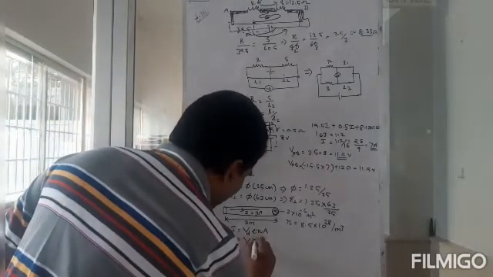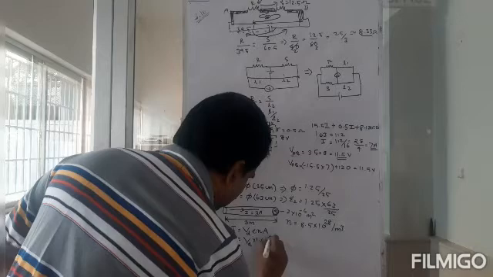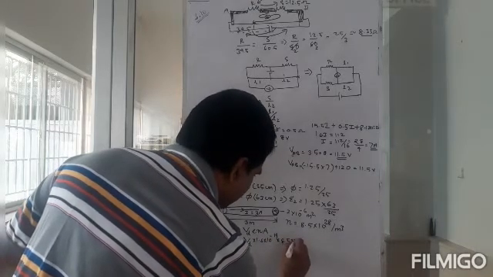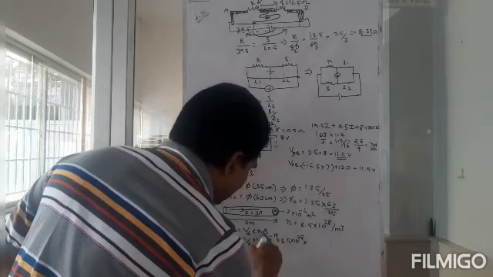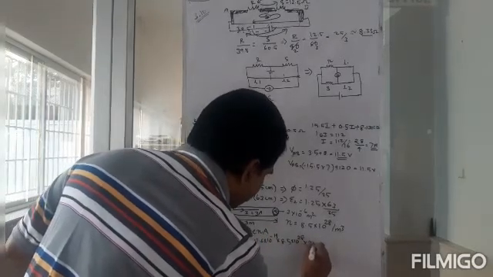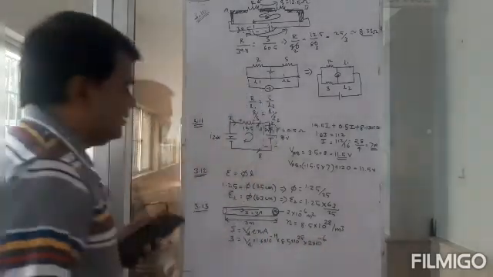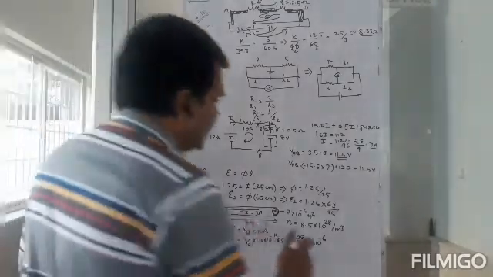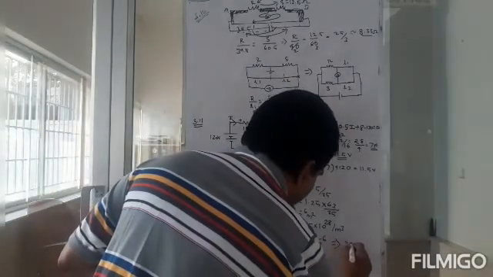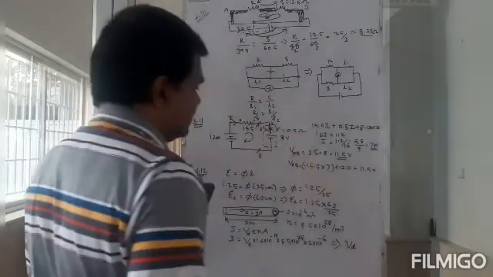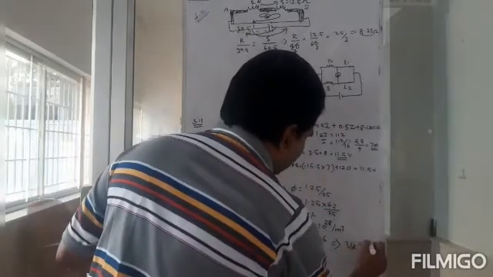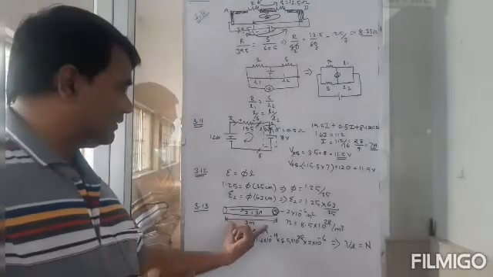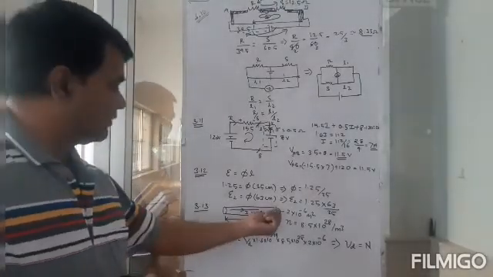E is 1.6 into 10 power minus 19, then N is 8.5 into 10 power 28, and then A is 2 into 10 power minus 6. So can I calculate VD from this? Okay, I'll calculate VD from this. So this will give me my VD, some number. VD is given. Then what's the length? 3 meters. So this is the drift velocity.